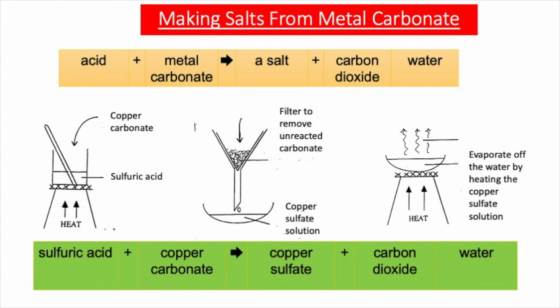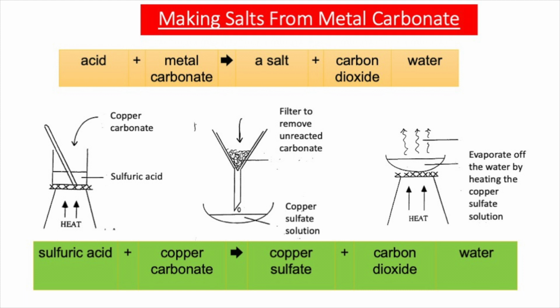Now in our previous lessons we've discussed in great detail how we can produce crystals of soluble salts by reacting insoluble bases and acids together. Now an alternative to using an insoluble base is to use a metal carbonate, and the method for producing crystals of the soluble salt would be exactly the same. So for example, if we wanted to make crystals of the soluble salt copper sulfate, we could use copper carbonate as an alternative to copper oxide, and we could add the copper carbonate to sulfuric acid, warm it if necessary to speed up the reaction.